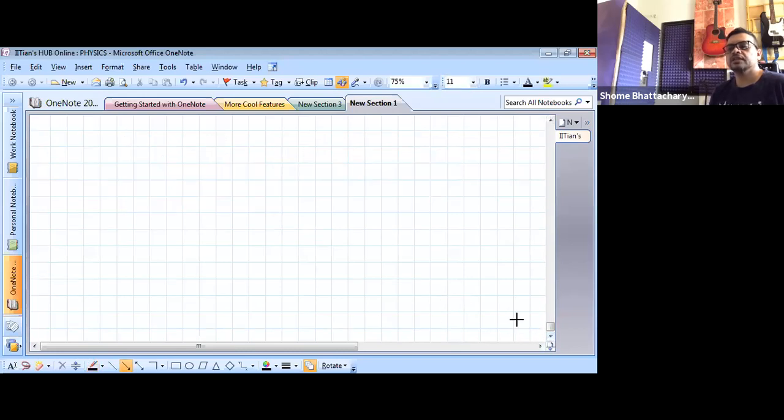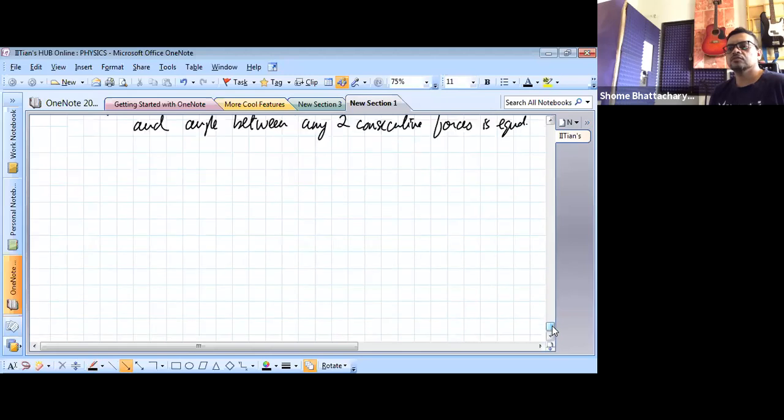It's saying that if we have some kind of a point, then 5 forces are acting at that point. So let's say they are represented by these vectors. Let us say this is some kind of a particle or a point, and this is one of the forces acting on it, F1. Now there are 4 other forces, 5 in all, which are coplanar.